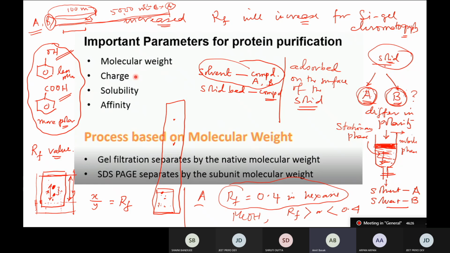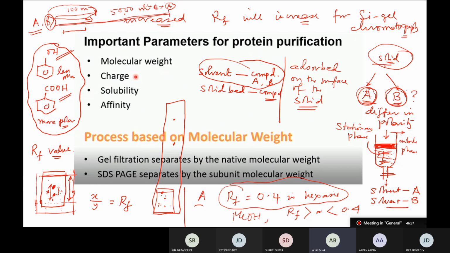Last time I told you, the isoelectric point is nothing but a pH where the protein or the amino acid is neutral. If it is neutral, it will not move in an electric field. If you apply an electric field, what happens? If the protein is positively charged, it will move towards the negative electrode. If the protein is negatively charged, it will go to the positive electrode.